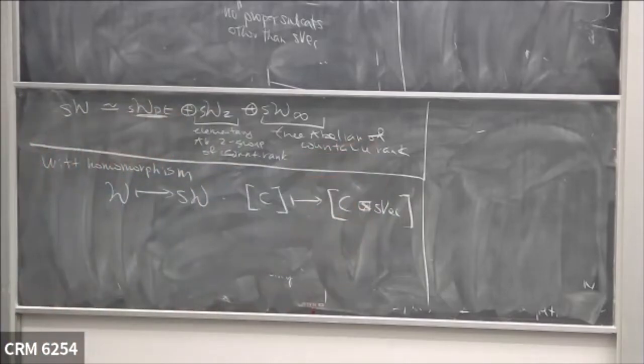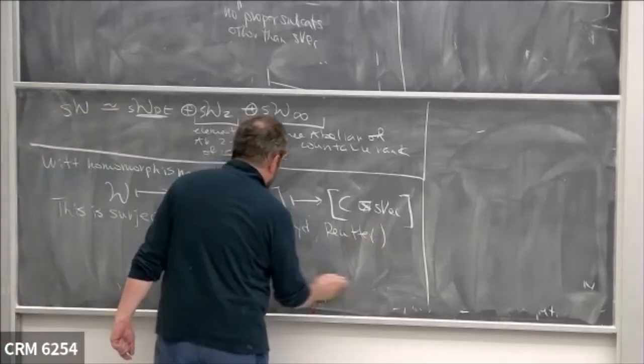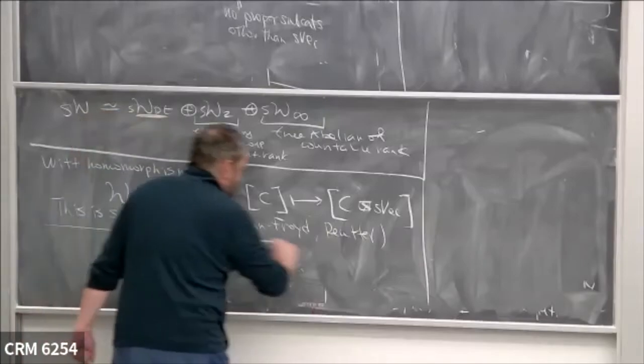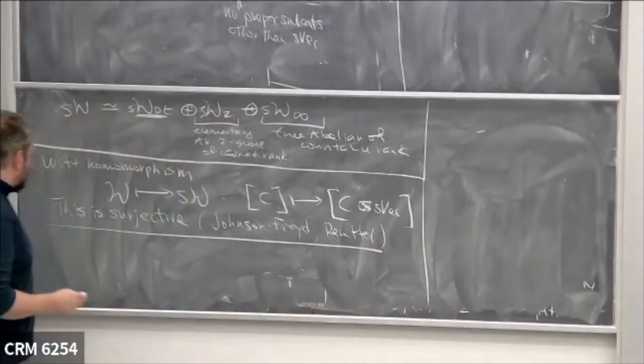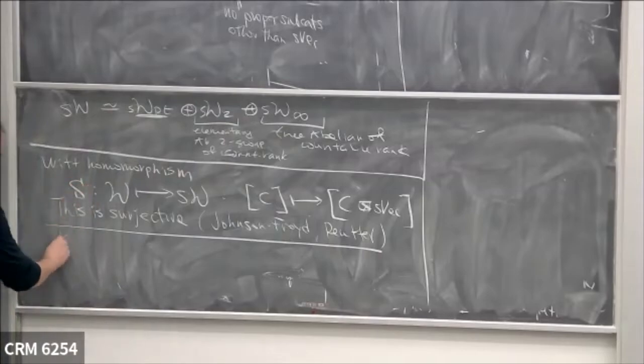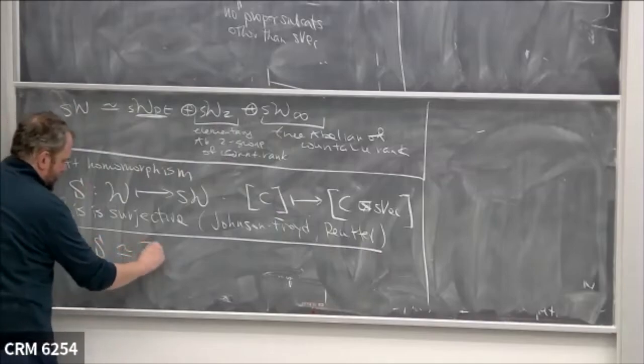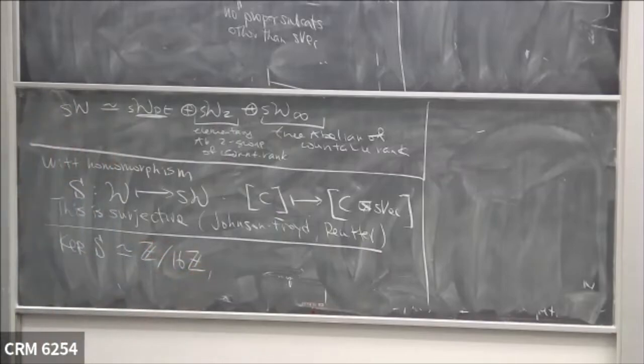It is important and a very non-trivial result that this is surjective. That's a recent result of Johnson-Freyd and Reutter. And what is easier than that is the kernel of this. Let's give it a name. Let's call it capital S. So S is surjective. The kernel of S is easy to compute. So this is the cyclic group of order 16. And somehow this fact is very significant in physics.